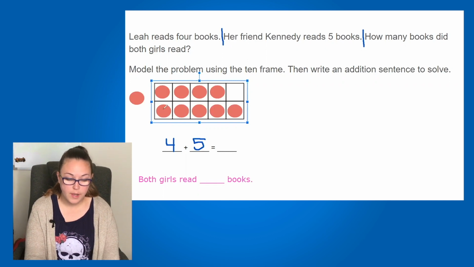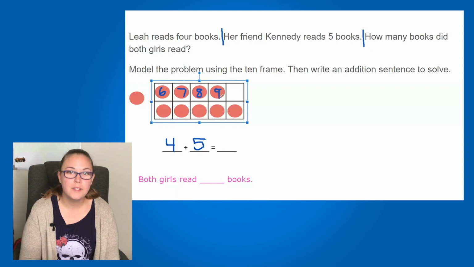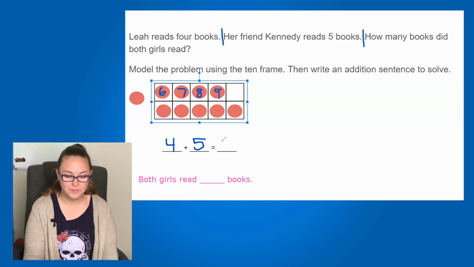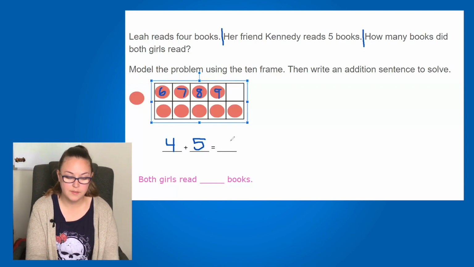So the bottom row has 5. So this one is 6. The next one is 7. Then 8. And last we have 9. So what is 4 plus 5? That's right, 4 plus 5 is 9. That means together, both girls read 9 books.